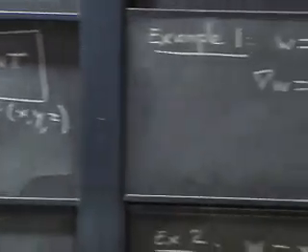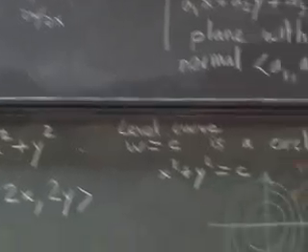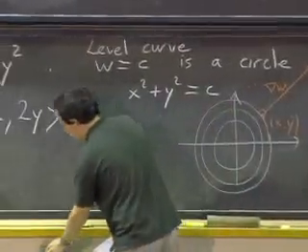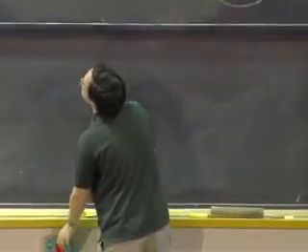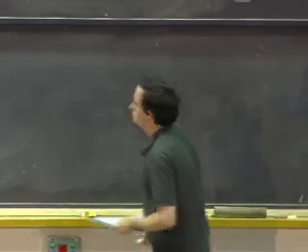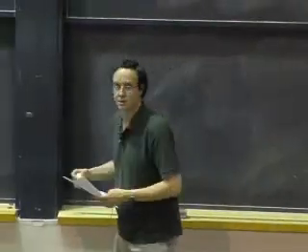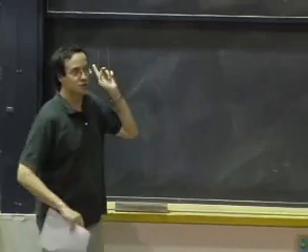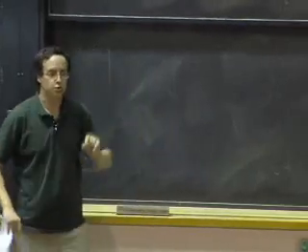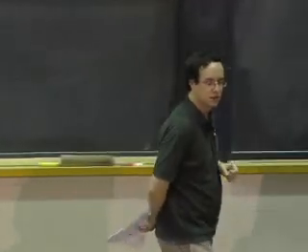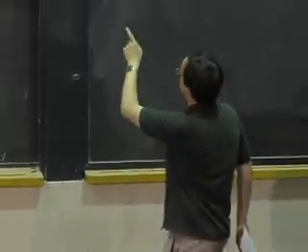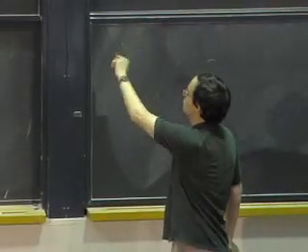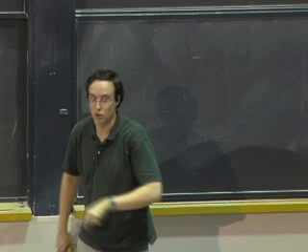OK, so we have a lot of evidence, but let's try to prove the theorem, because it will be interesting. First of all, any questions about the statement, the examples? Yes? Very good question. Why is the gradient vector perpendicular in one direction rather than the other?